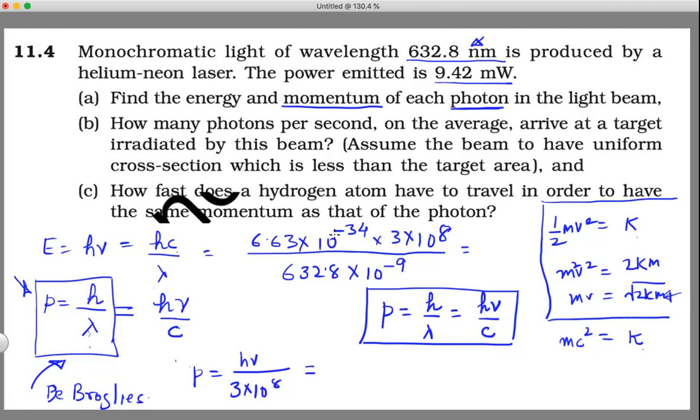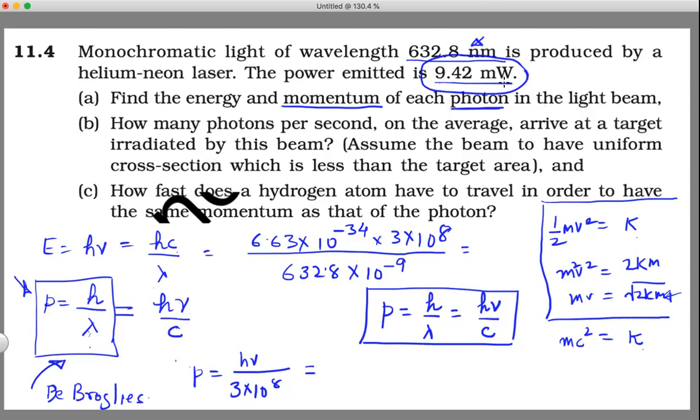How many photons per second on the average arrive at a target irradiated by this beam? Now we will use the information about the power.